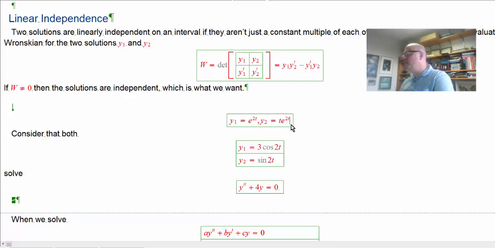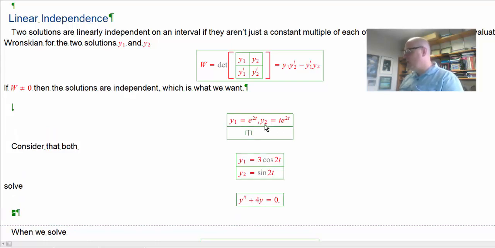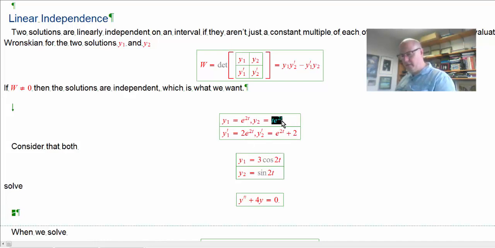If I want to show that these are independent solutions, then I need to build the Wronskian. I've got y1 and y2. I need y1 prime and y2 prime. So let's differentiate. I'm going to have to do the product rule: derivative of the first, leave the second alone, plus leave the first alone, derivative of the second. So there's my y2 prime.